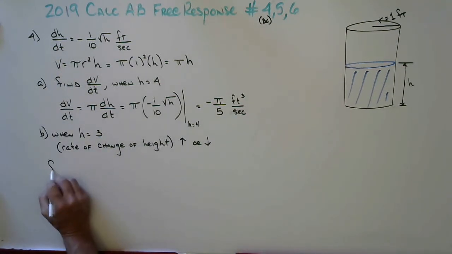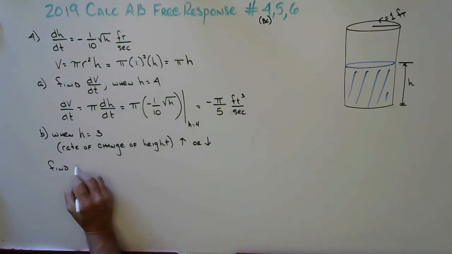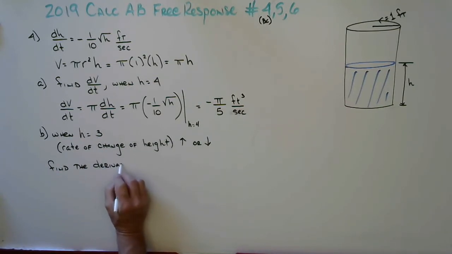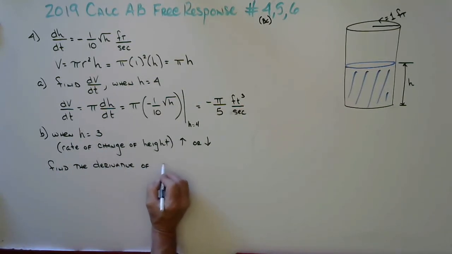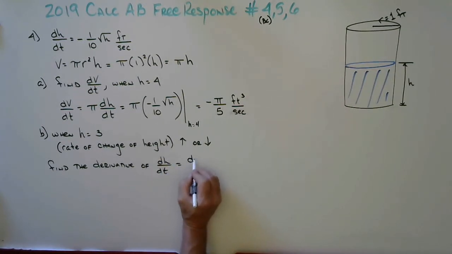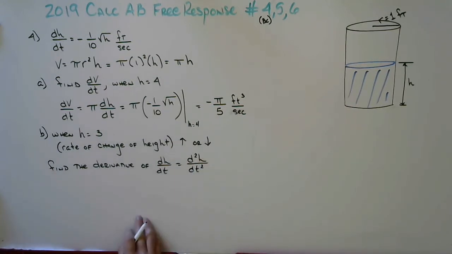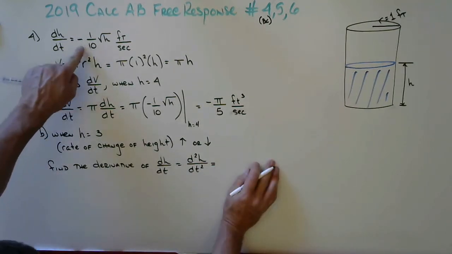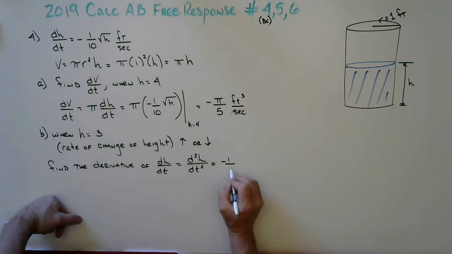In other words, I have to find the derivative of dh/dt. Now that's d2h/dt squared, right? That's our symbol for the second derivative. Now we know how to find the derivative of that. We take the derivative of this and we get negative 1/10.